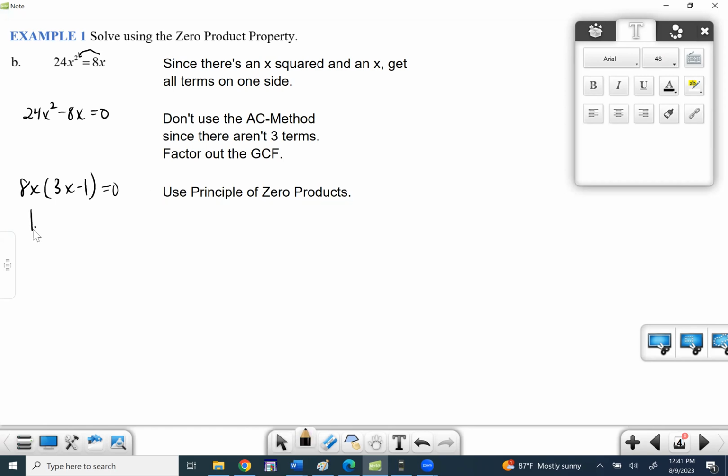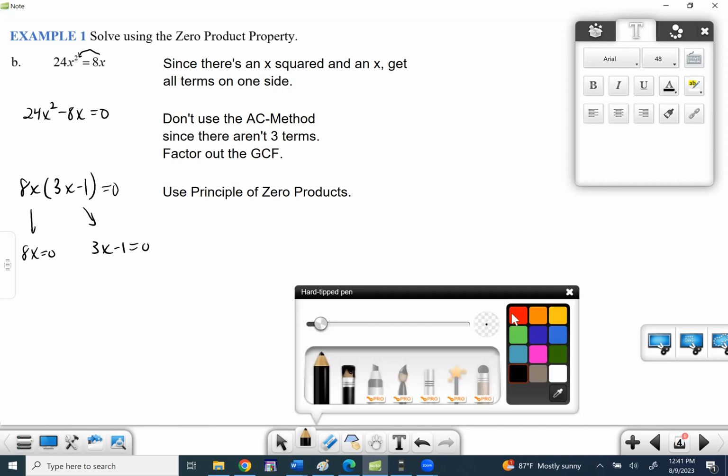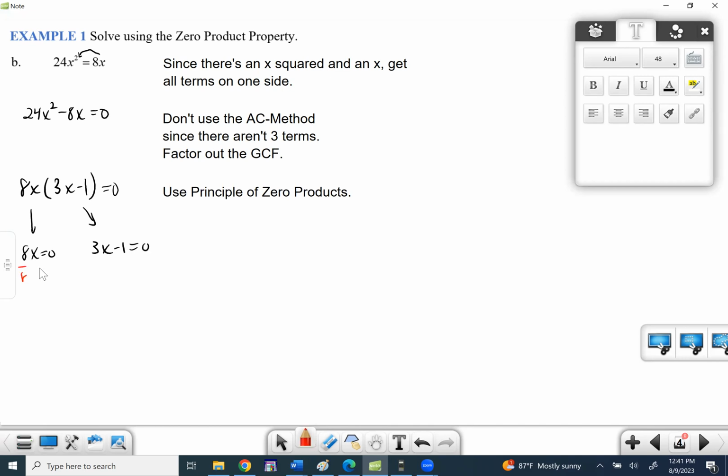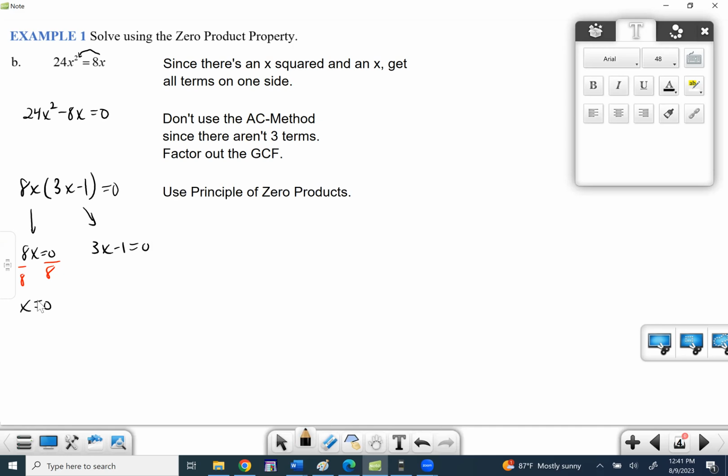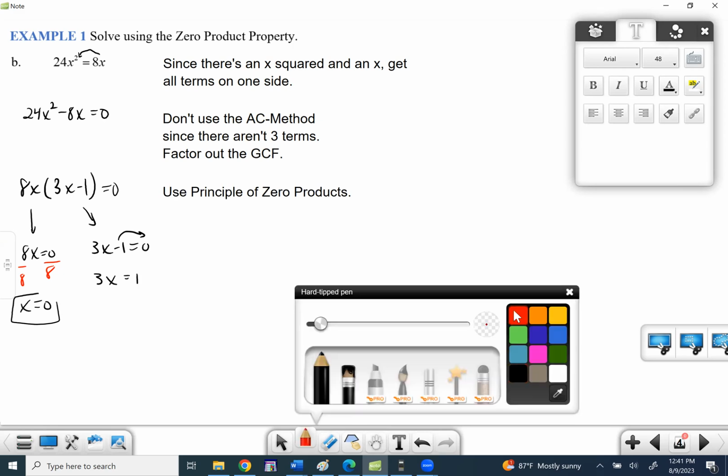In other words, we're going to set the 8x equal to 0. And we're going to set the 3x minus 1 equal to 0. So we get 0 for this one. We're going to move the 1 over. So it should be positive since we added it over.